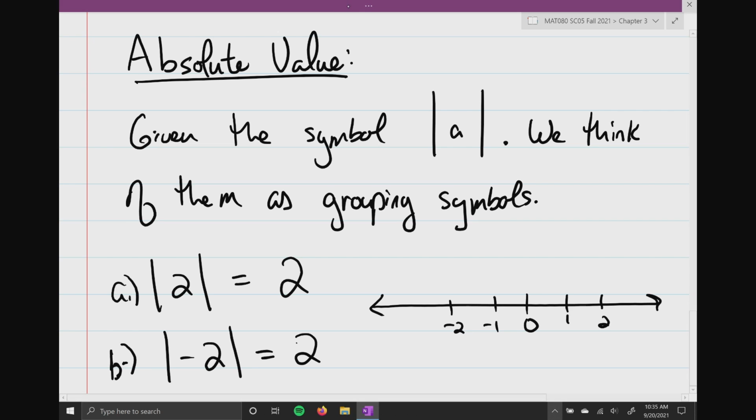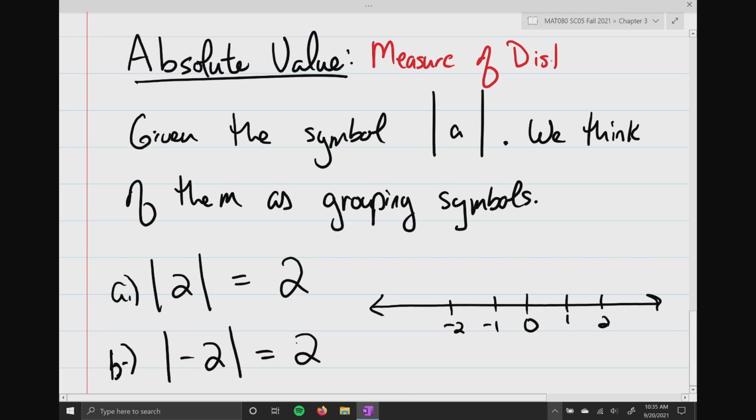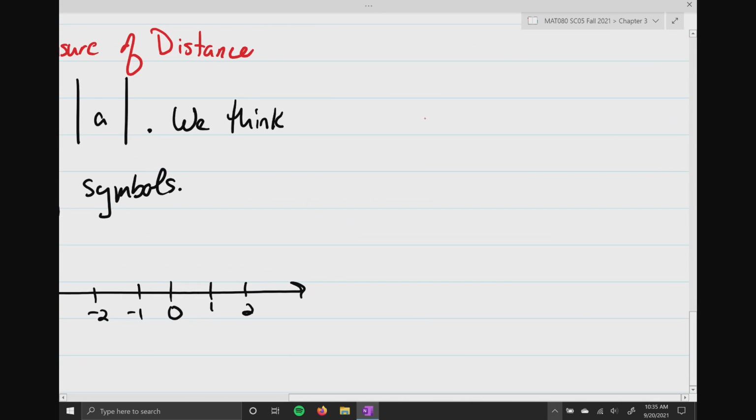The absolute value, and I'm going to write this in red, is a measure of distance. Okay? So if you think about it, if you get into your car, so this is your home.